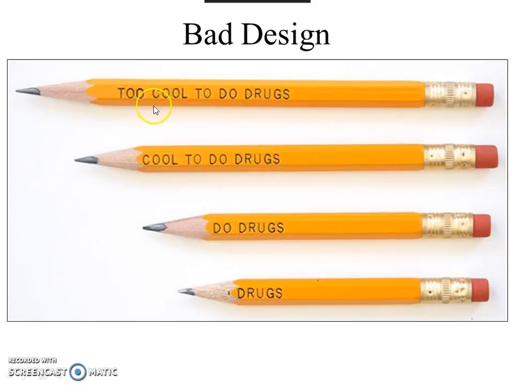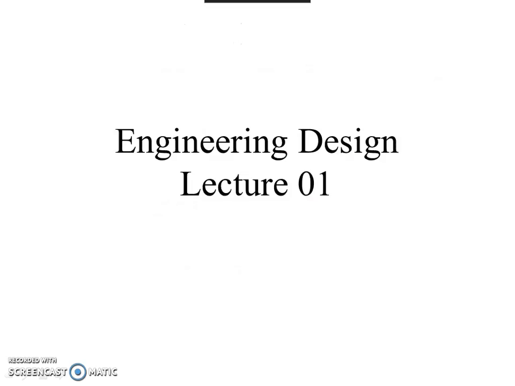So you stick them in a pencil sharpener, and the words start to disappear as the pencil gets used and becomes shorter and shorter. So first, the user is too cool to do drugs. Then, the user realizes that it's cool to do drugs, and then they just get the message, "Do drugs," and then at the end, they're just told, "Drugs." Whoa. So another example of bad design stemming from carelessness on the part of the designer to think about how the end user would actually use this product. But I think this one is pretty funny, so I put it in there at the end.